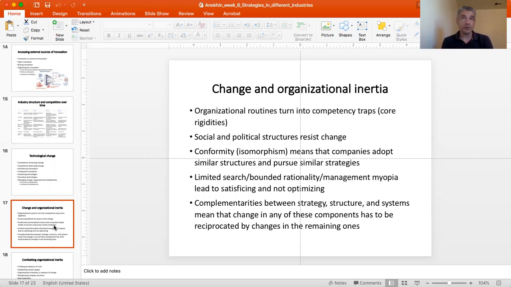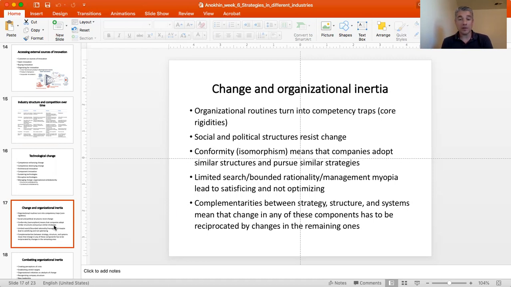It is also known that over time, organizations within the industry start resembling each other, primarily to gain legitimacy, primarily because maybe they believe that this is the way to operate. So once they start adopting structures without really thinking about why, they commit themselves to the pursuit of similar strategies.